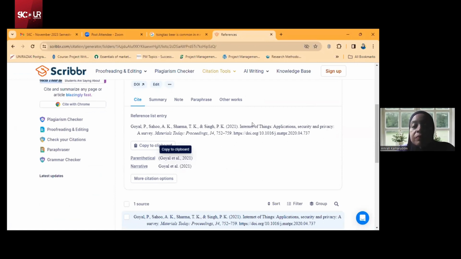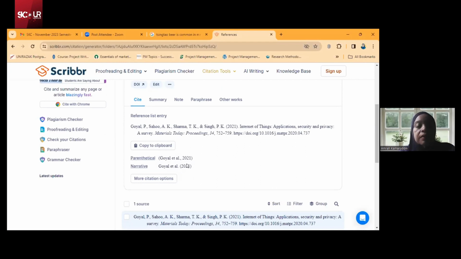I didn't write it at all, I just copied the DOI. The material is Materials Today Proceedings. This is the page number, this is the volume number, and this is the DOI that I copied just now. So this is for your reference list after the recommendation.